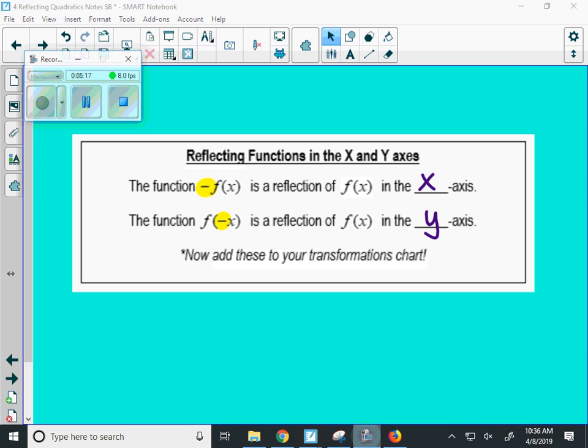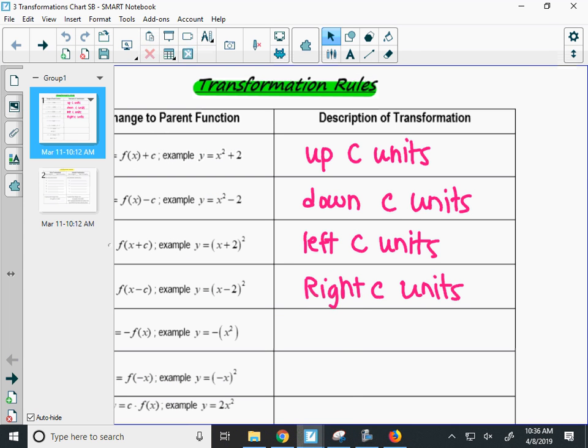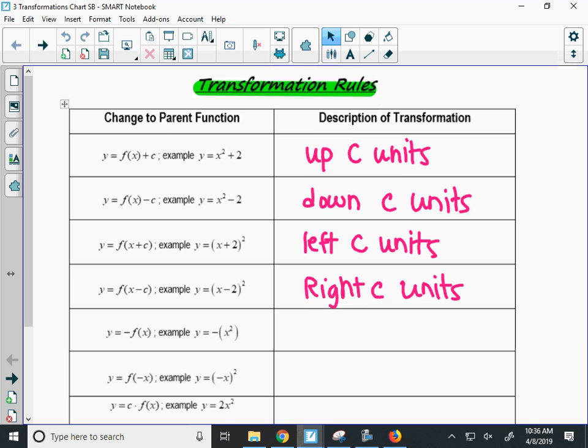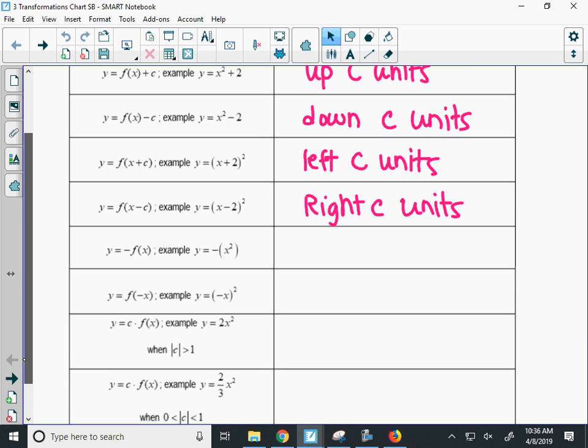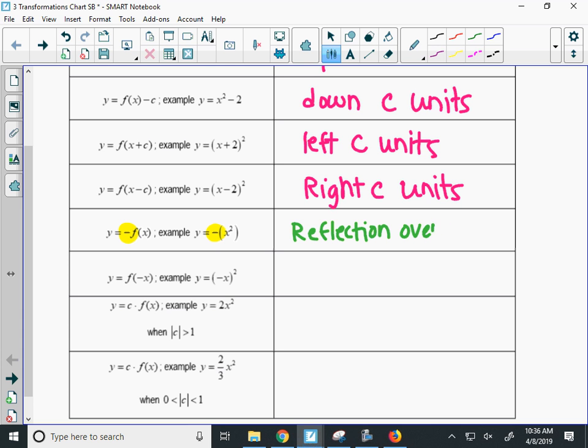Now let's look at our transformations chart here. Okay, so this is our next column down, box down here. So again, if I have a negative in front, I've got the highlighter. If I'm in front, so like a negative, then x squared, that's a reflection over the x-axis.